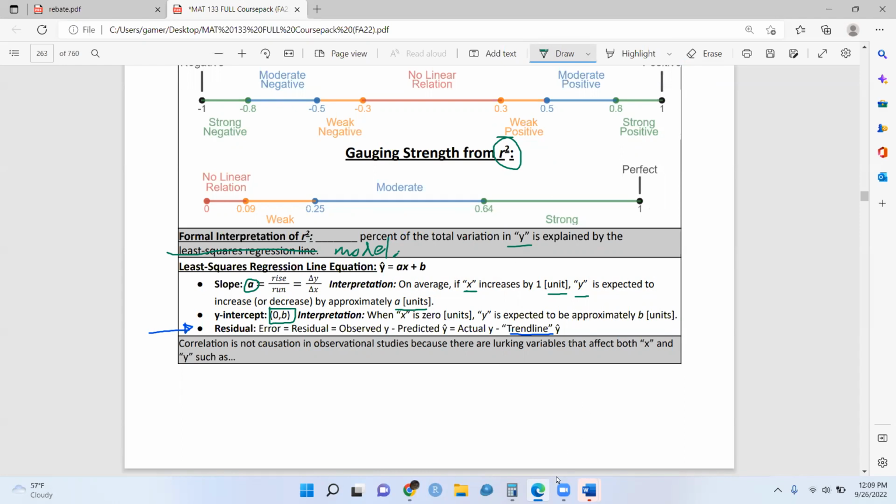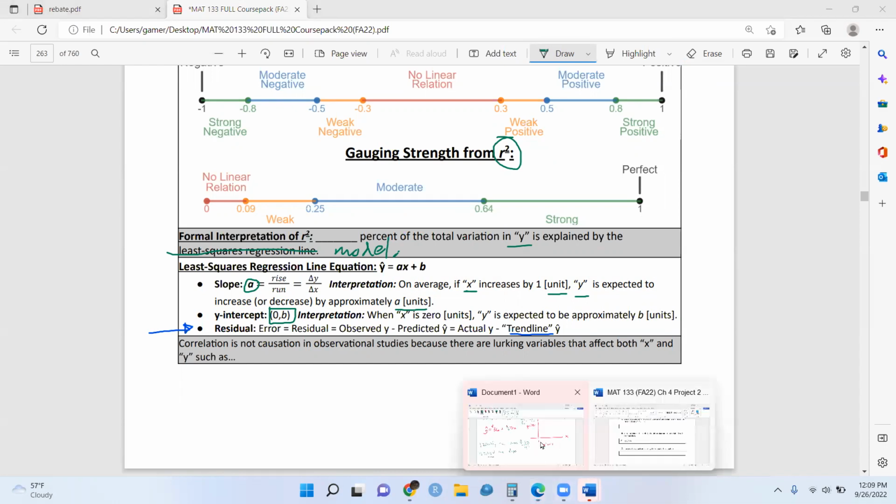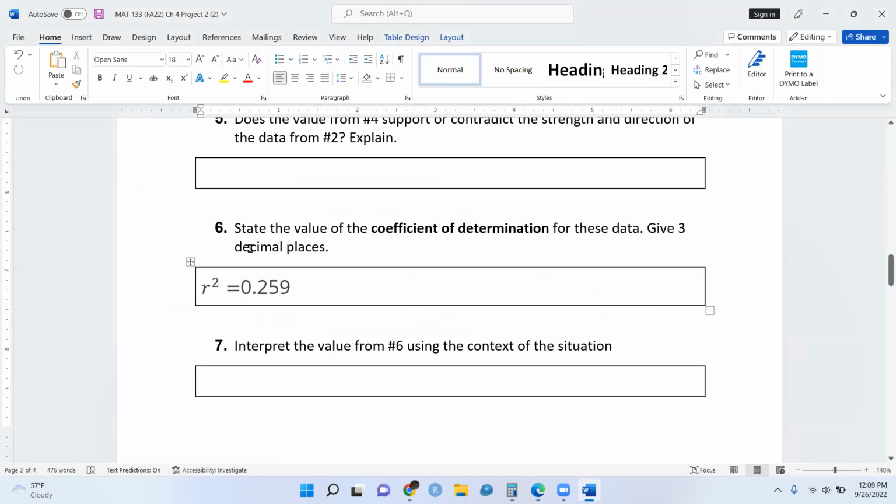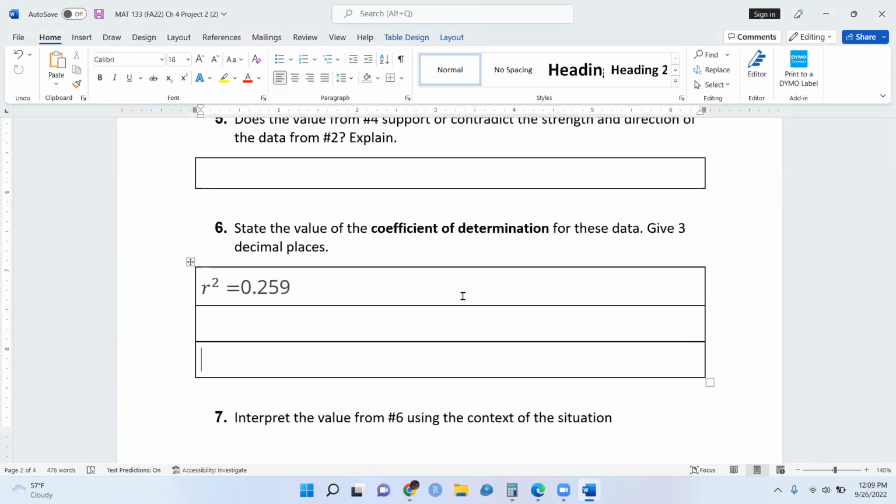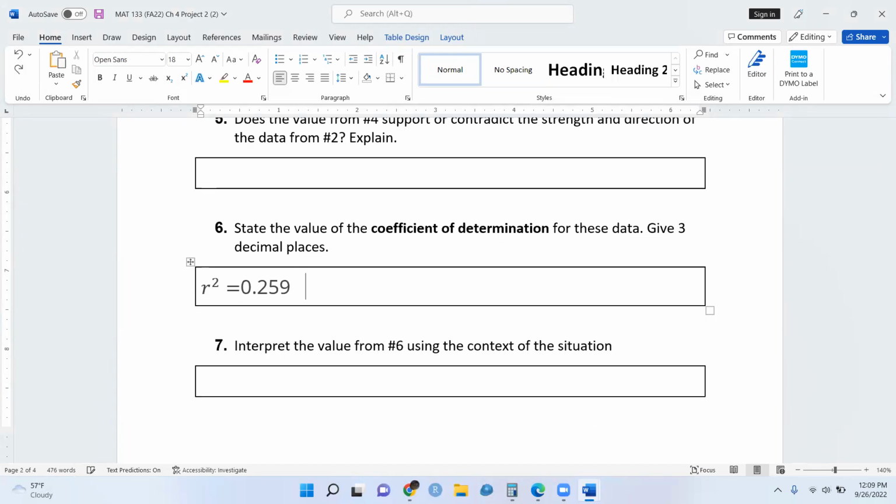So first, in our problem, what does Y represent? The height.